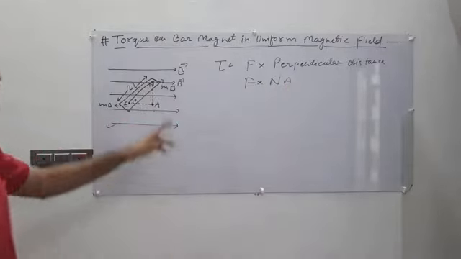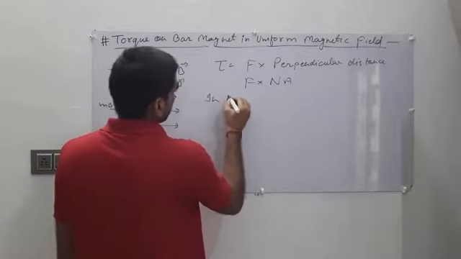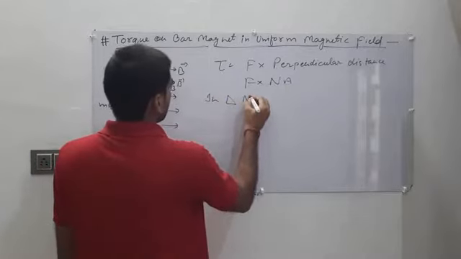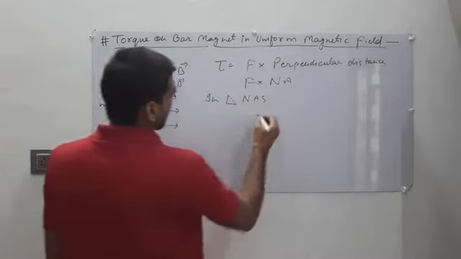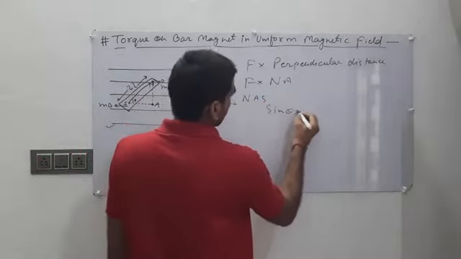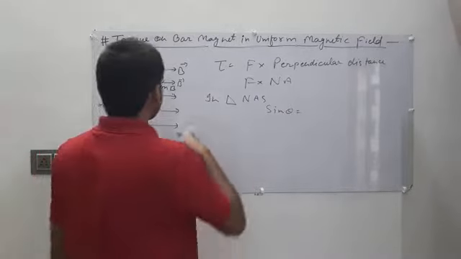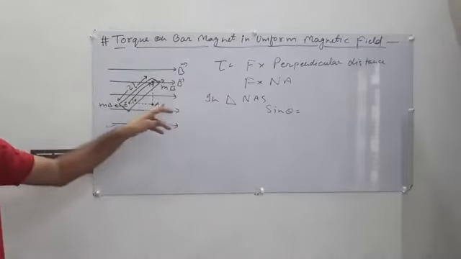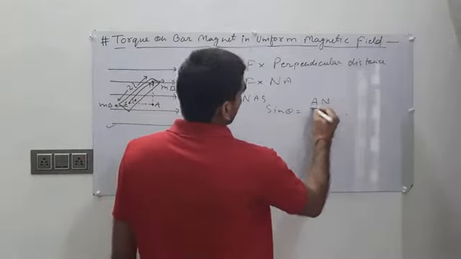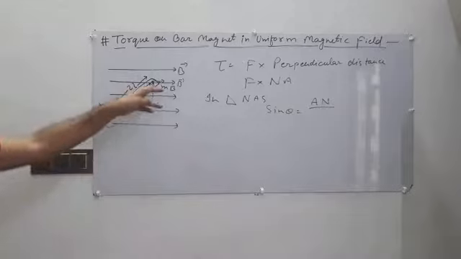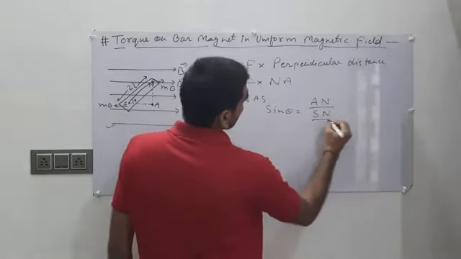And if you see in triangle NAS, if we apply the formula of sine theta, then sine theta will be perpendicular upon hypotenuse. What is the perpendicular? The perpendicular is AN, and the hypotenuse is SN. And what is the value of SN?